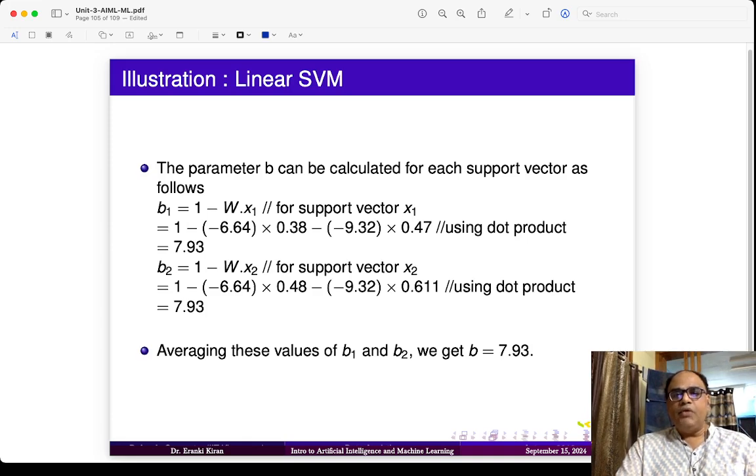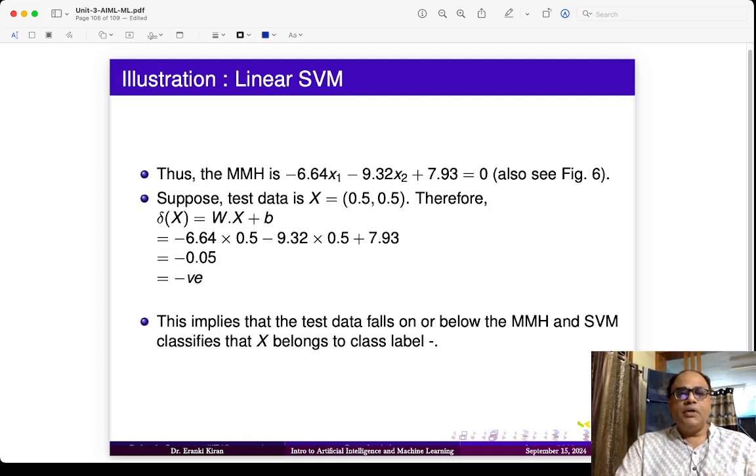This value will be added to the weights that we have identified. So w of x plus b will give you the function of x, and that becomes the maximum margin hyperplane. The maximum margin hyperplane is defined in this manner.